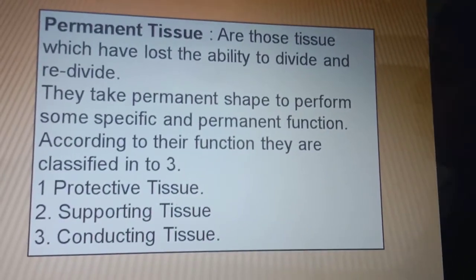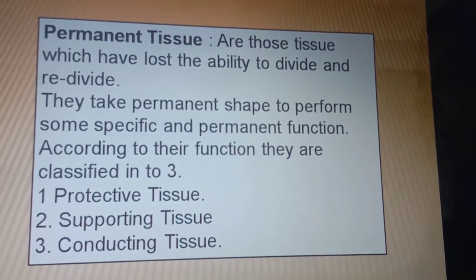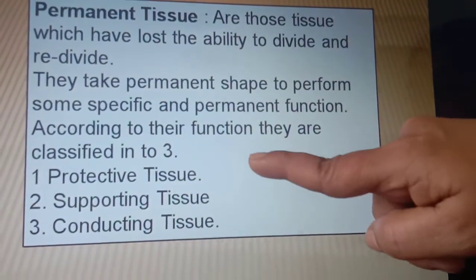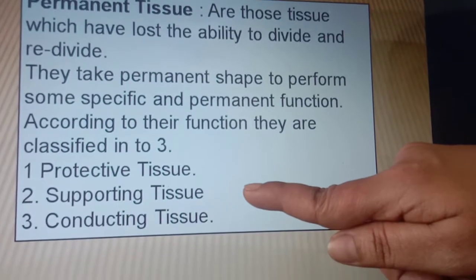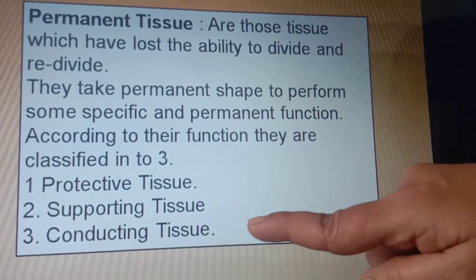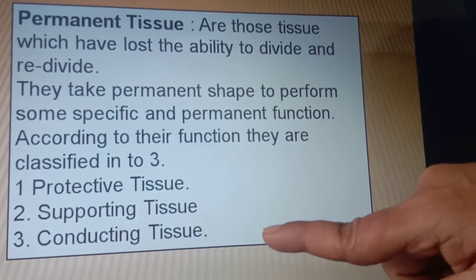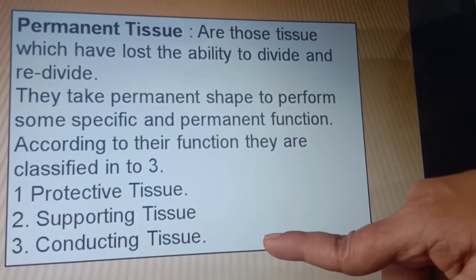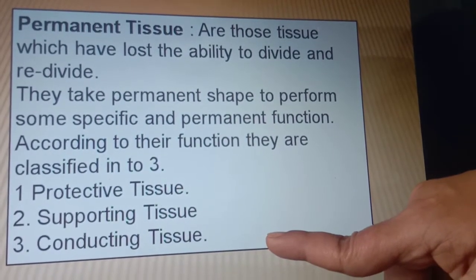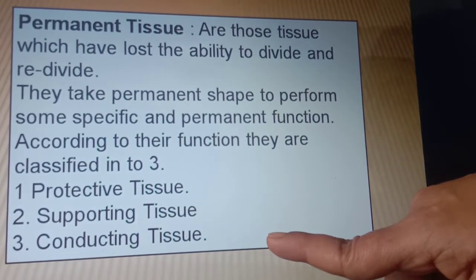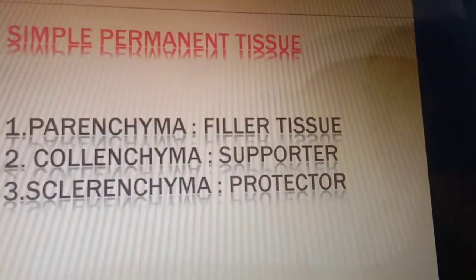Then according to their function and their shapes, they are classified into three, that is protective tissues, supporting tissues and conducting tissues. So these permanent tissues have lost the ability to divide and redivide, and they have acquired a permanent shape and a permanent function.